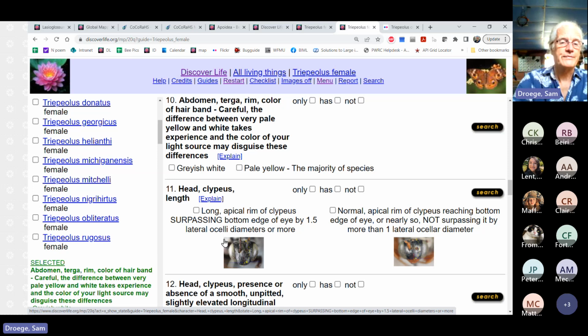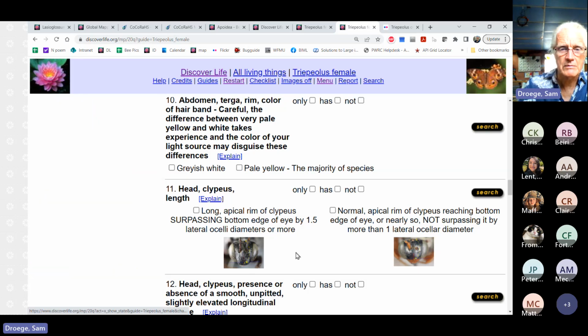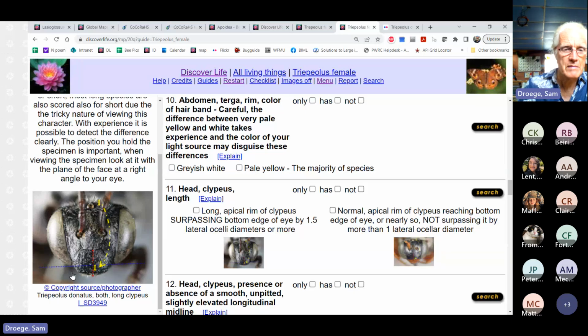Okay, so the Clippius. In some species you have a, well, this is just length, and we won't go into a lot of detail here, but you can see that if you measure how much the Clippius projects below the level of the two eyes, you get a notion that you have a long Clippius.